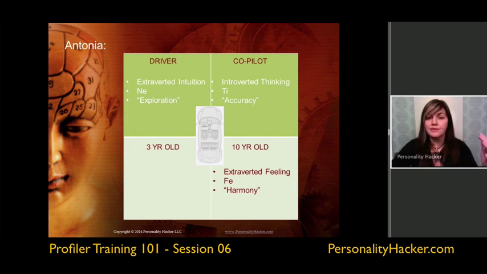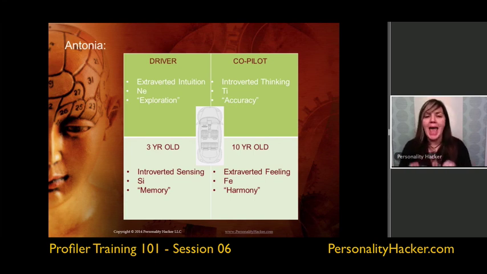If my driver is extroverted intuition, make a guess as to what my 3-year-old is. Opposite of extroverted, introverted. Opposite of intuition, sensing. Introverted sensing is my 3-year-old. SI is its shorthand, and memory is its nickname. And that's how you figure out the cognitive function stack for any type, okay, for any type.